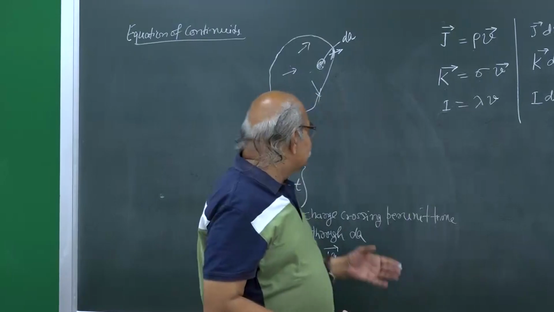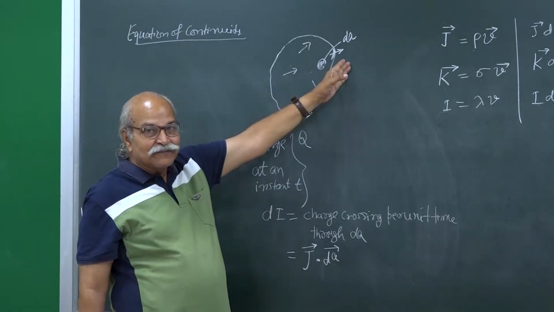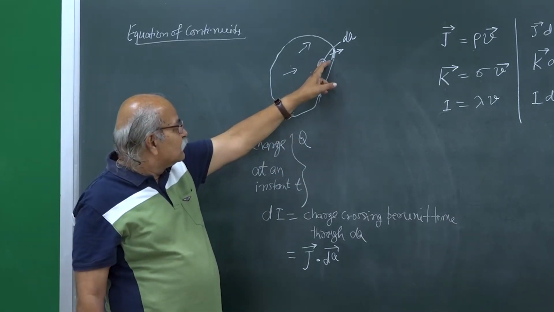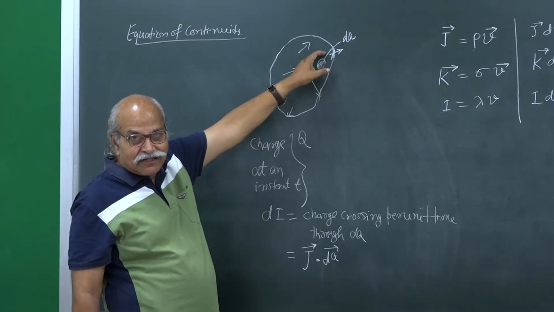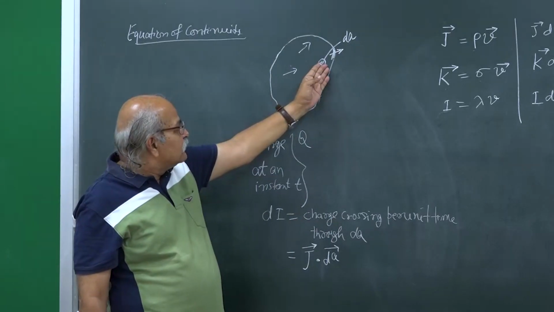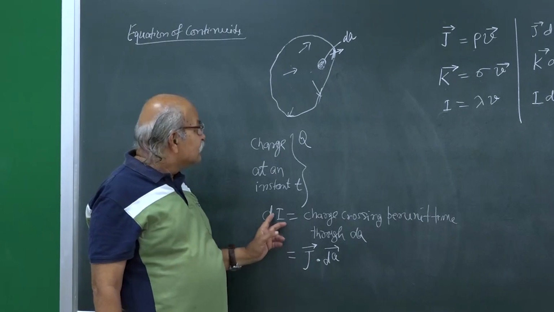So, the charge which is going from inside to outside, that is our current, and that is the direction of dA, perpendicular to this surface. Charge may not be going perpendicularly, but the dA vector will be perpendicular and the direction is outward. So, this J dot dA is the current.